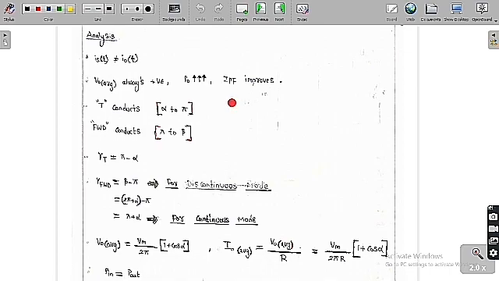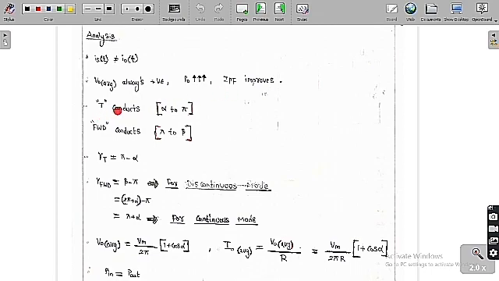The output voltage is always positive, so the output average value increases, and the output power is equal to V0 average into I0 average. As V0 average increases, the output power also increases, and the input power factor, which is directly proportional to V0 average, also improves. So these three things happen with the help of placing the freewheeling diode.